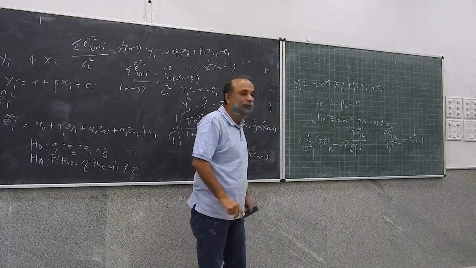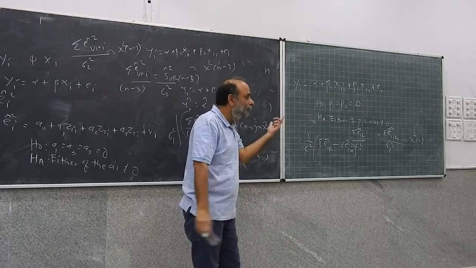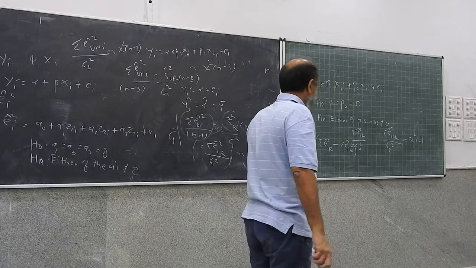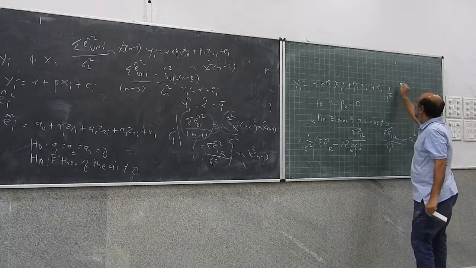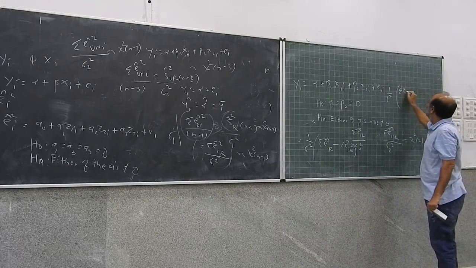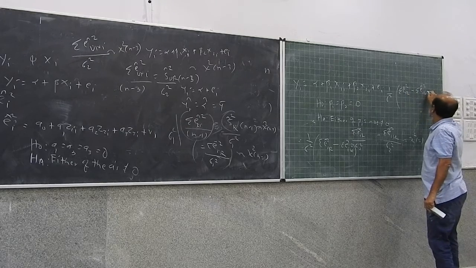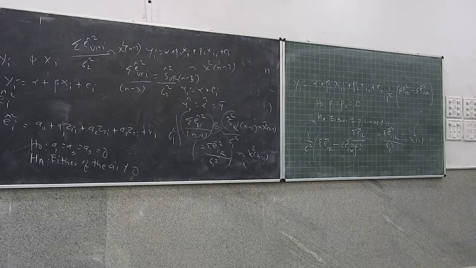Yeah, I can just take that common sigma square out. Sure? So I have here, let me write this again, 1 upon sigma square, summation e hat i square. This should be a chi-square with 2 degrees, here is n minus 1 minus n minus 3. The chi-square with 2 degrees.